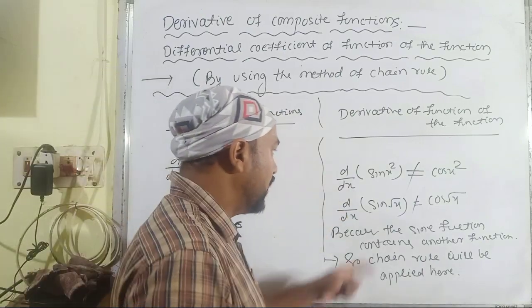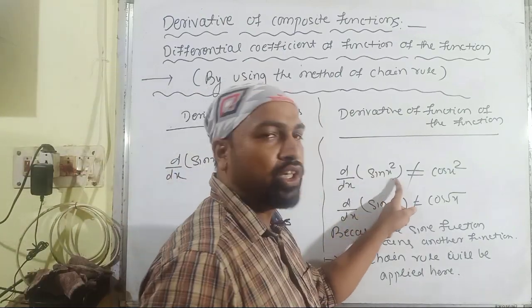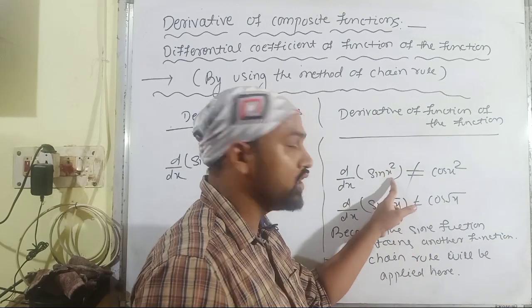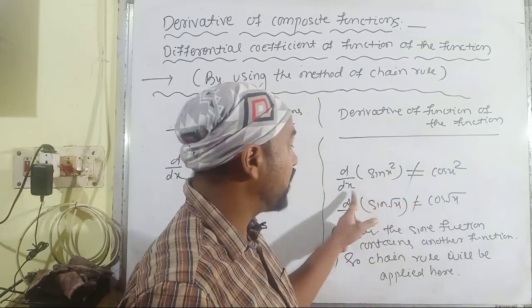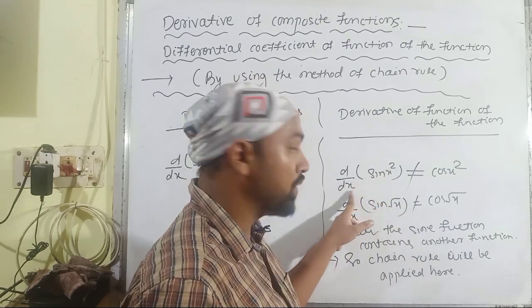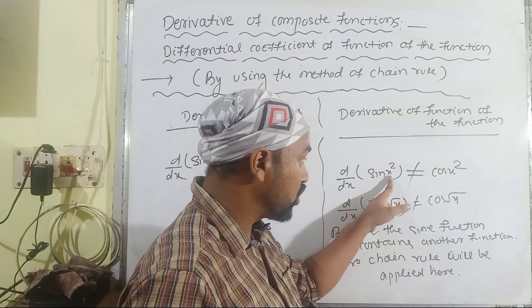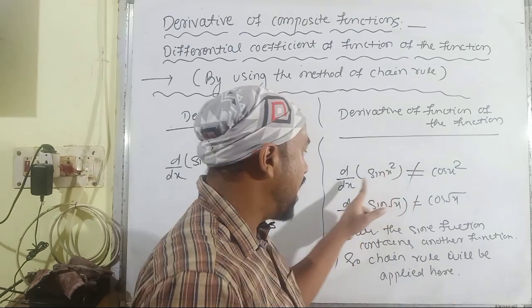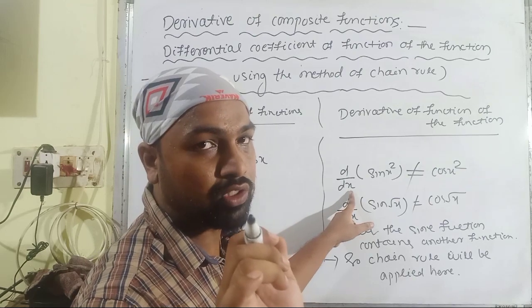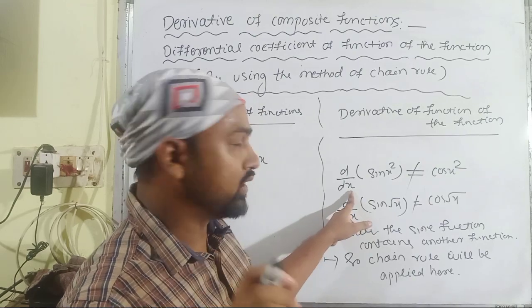But here it is a composite function. The sin function contains another function, x square, but we are differentiating this composite function with respect to x. This trigonometric function contains another function, and we are differentiating with respect to the independent variable x.